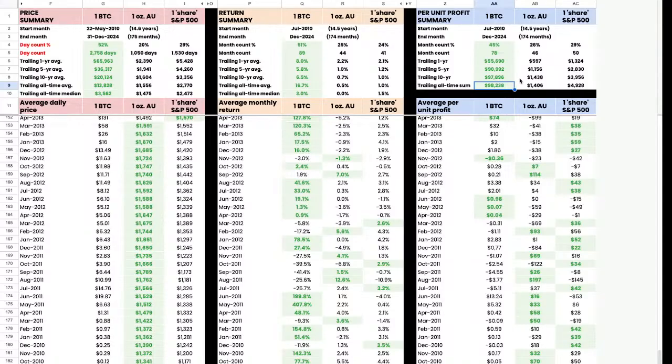If you'd bought back in the 70s or the 80s or whenever, you would have had a per unit profit still better than Bitcoin. Now, undoubtedly, most of us who understand Bitcoin and understand its value and utility understand that it's going to overtake that Berkshire A share per unit value over time. But that's just kind of an interesting thing to think about.